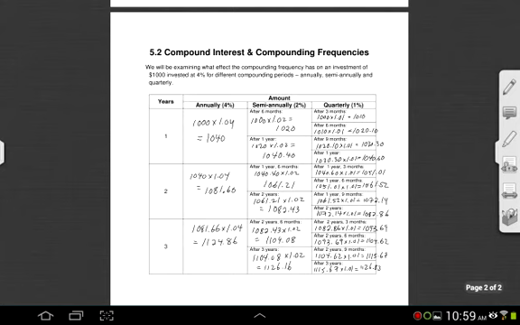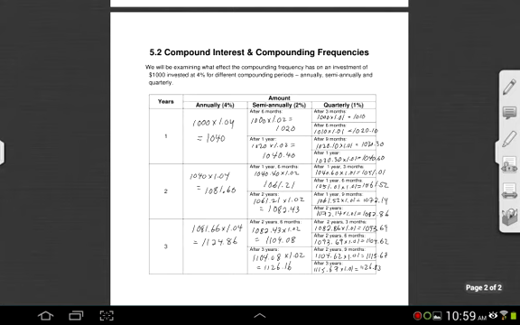So my formula would look like A is, I'm starting with $1,000, times 1.04 to the power of n, since you're multiplying repeatedly, and we'll call n the number of years for this one. In the next example, the formula looks similar. It's going to be 1,000 times 1.02 to the n, but now n represents the total compounding periods.